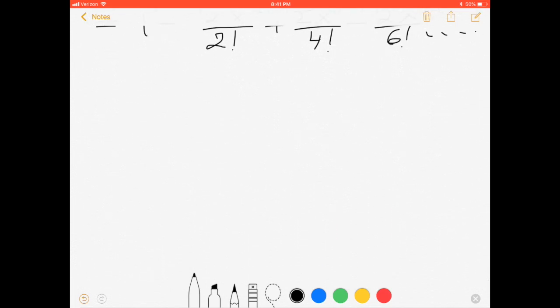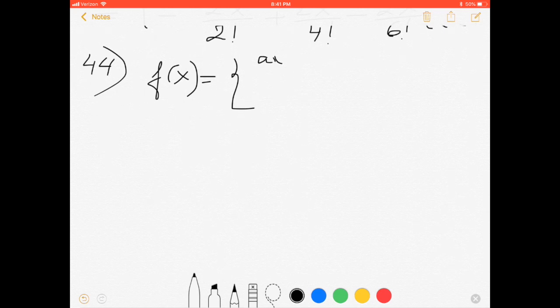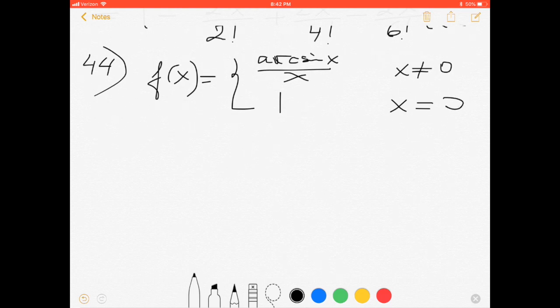Okay. One more question, and I want to show you 44. If your function is a piecewise function equal arcsine x over x for any x except 0, and equal 1 if x equals 0. Here we take it, and we need to build the Maclaurin series for this function.